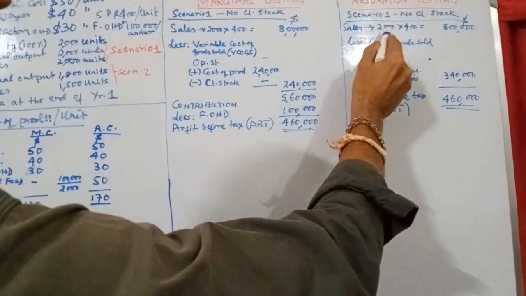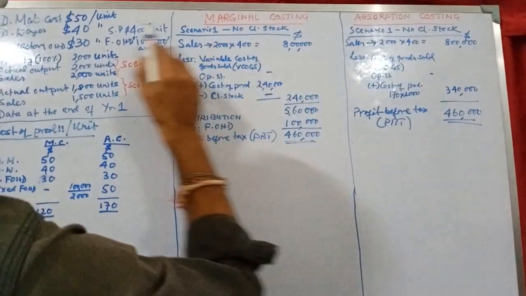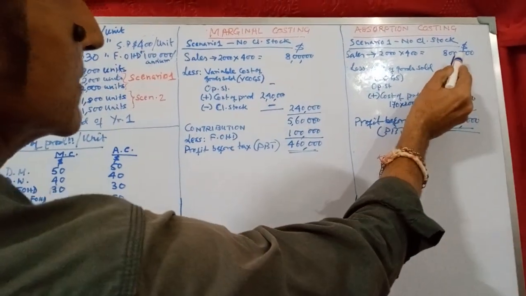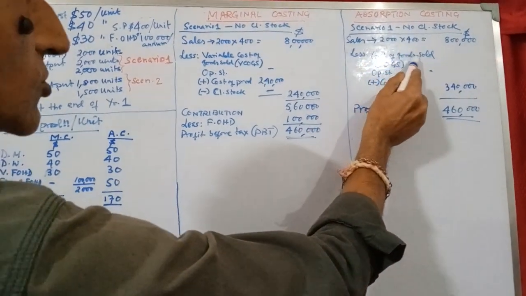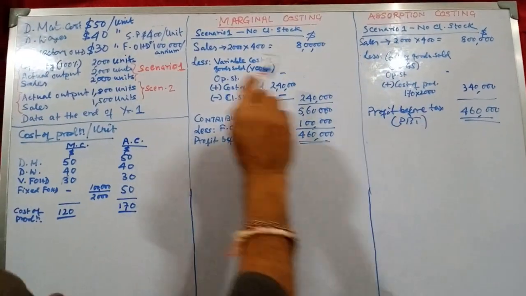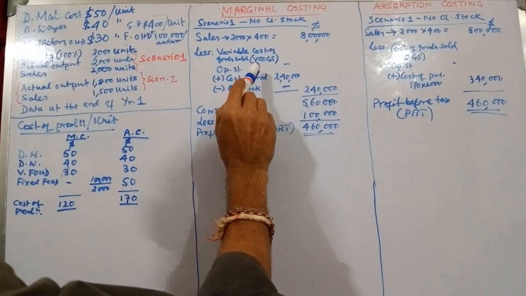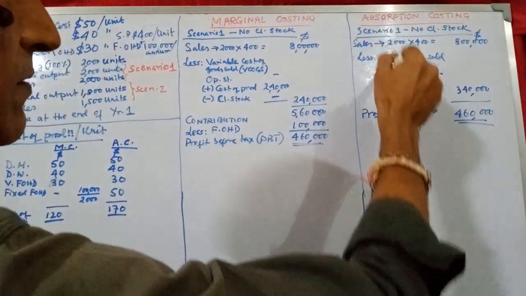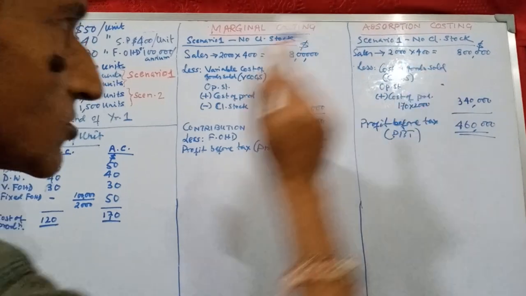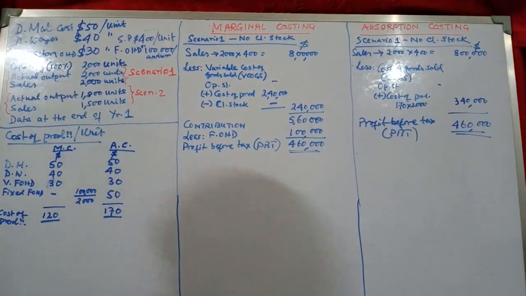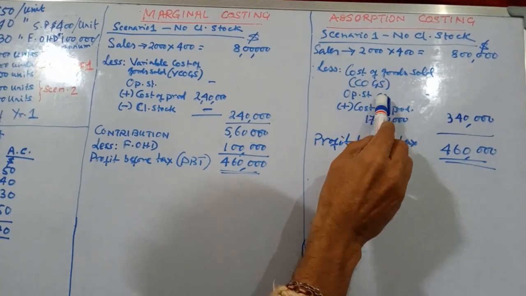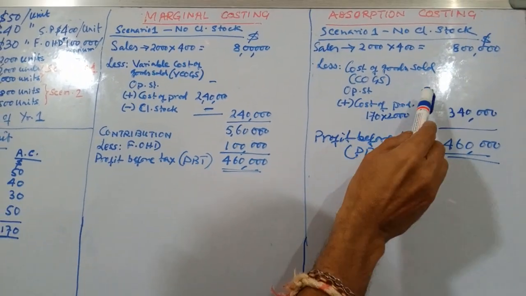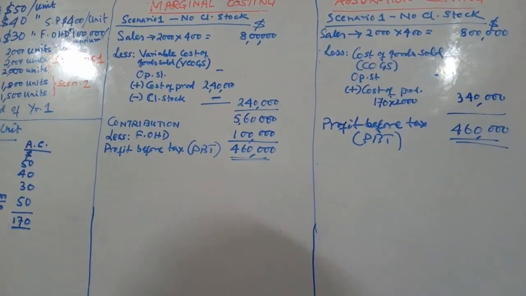Sales is 2000 into 400 per unit sales price, it is 800,000 less cost of goods sold. Remember, not variable cost of goods sold, because we are considering fixed cost in cost of goods sold. So cost of goods sold, again opening stock plus cost of production less closing stock.